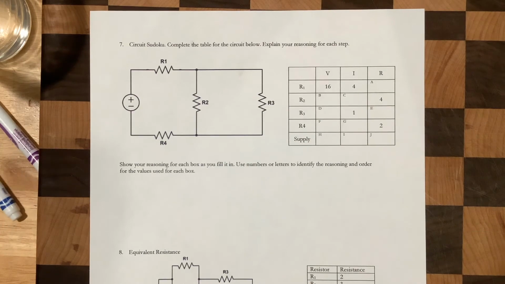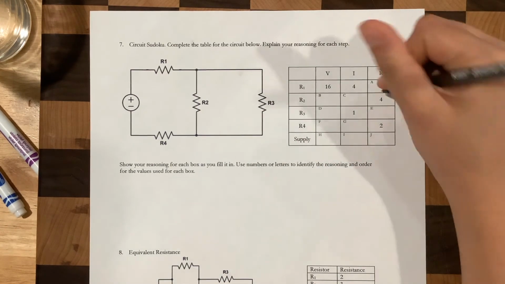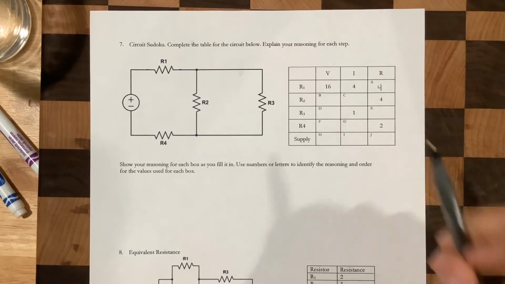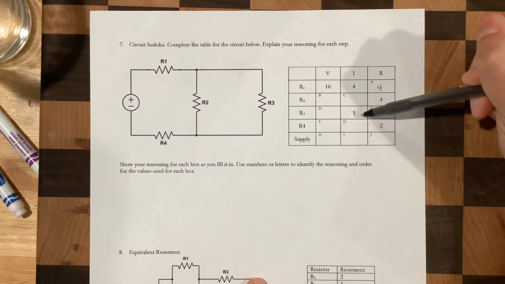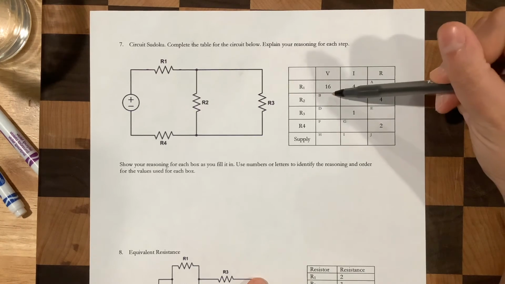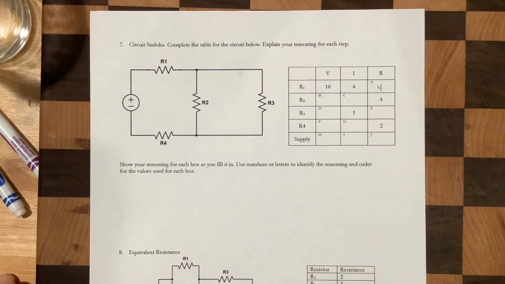Across the first row, 16 equals 4 times 4, so the resistance in box A is 4. Now I see that I have 2 currents in the center column, but only 1 voltage. So it's going to be more productive for me to deal with the currents first.